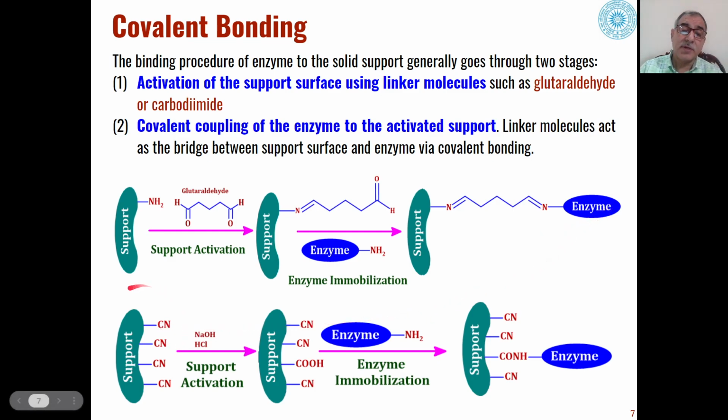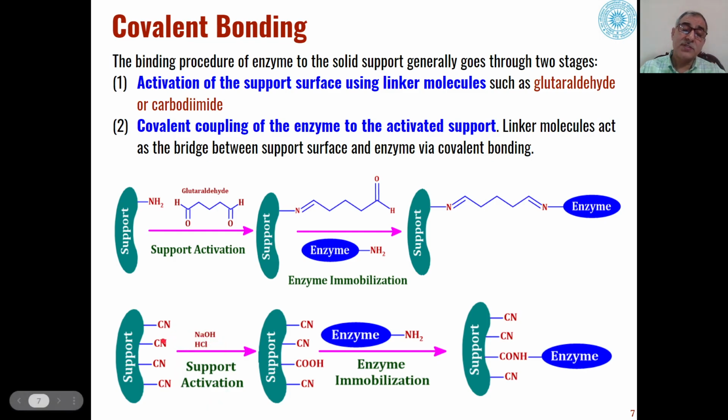Similarly, another example, if we are having this type of support, say polyacrylonitrile, for example, in which we are having cyano groups present on the surface of the polymer. So these cyano groups can undergo activation in presence of sodium hydroxide.